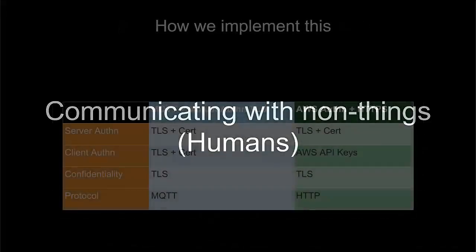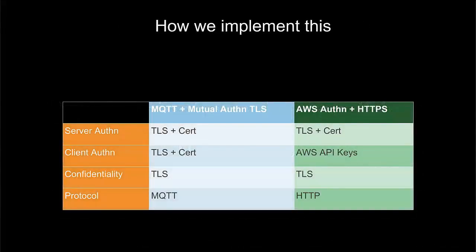Communicating with non-things, with humans. This is about the control plane interface, and there are some differences from the device connectivity, where we use TLS mutual certificate-based authentication, predominantly over MQTT for power efficiency purposes. Confidentiality is covered with TLS, transport layer security encryption.